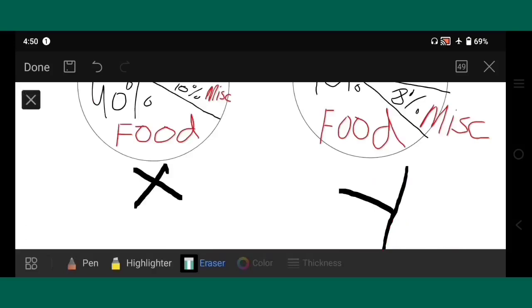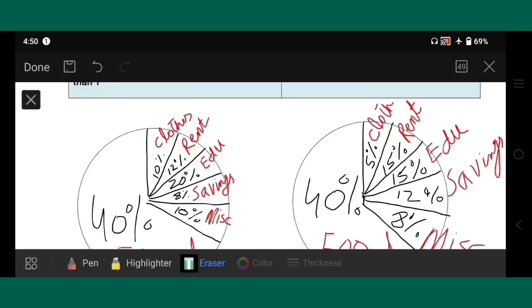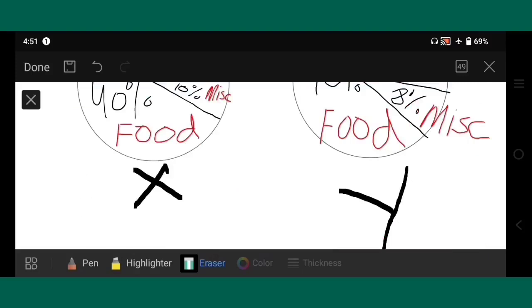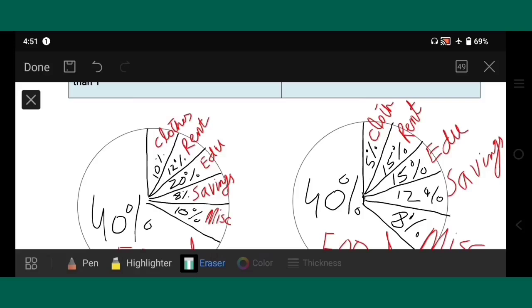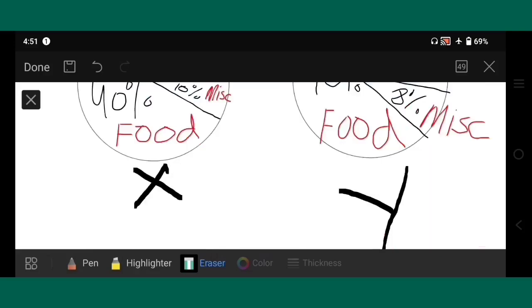Clearly here, this is the pie chart of family X, and the second pie chart represents the family Y expenditure. In family X savings are 8% and in family Y savings are 12%.